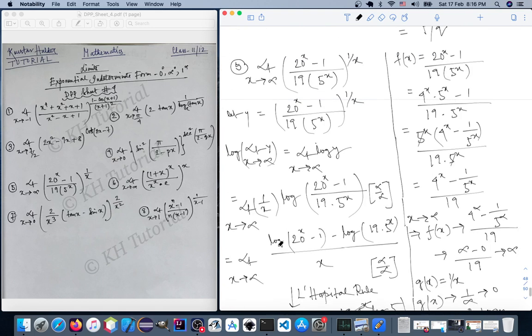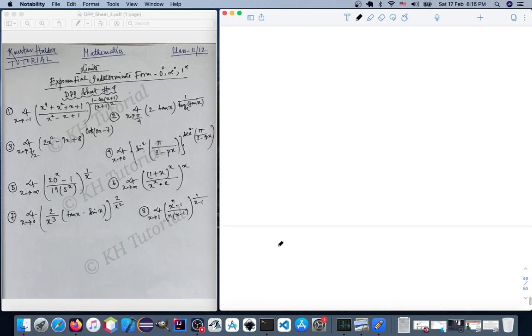Okay, let's see the next problem. It says limit x tends to infinity (1 plus x) whole to the power x divided by x to the power x multiplied by e, and this whole to the power x.